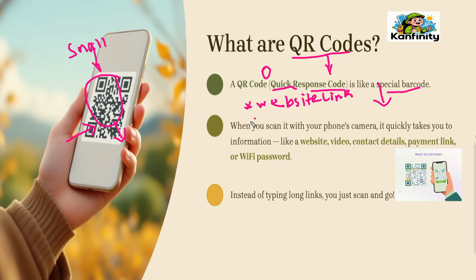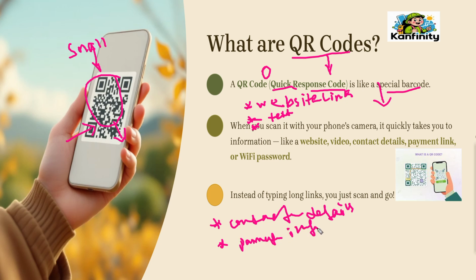One is the website link, the second one is text, the third one is contact details, and the fourth one is payment information. For these reasons, we use barcodes: to generate website links, text, contact details, and payment information.